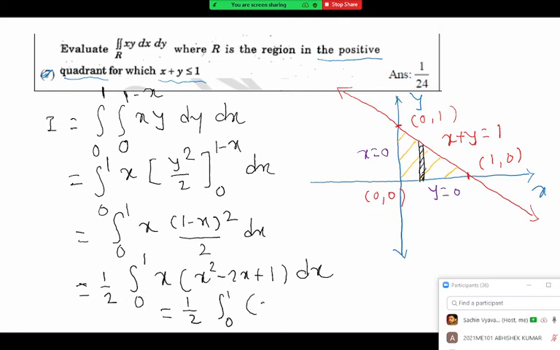Just take x inside first: x cube minus 2x square plus x dx. Integrate, put the upper and lower limits, and cross check whether you get this as the answer. The remaining two steps, do it on your own. First you finish this side. Then, as he said, we will check with the horizontal strip. If anyone has a doubt in the vertical strip, you can ask.